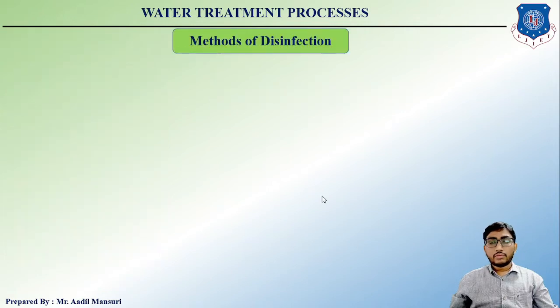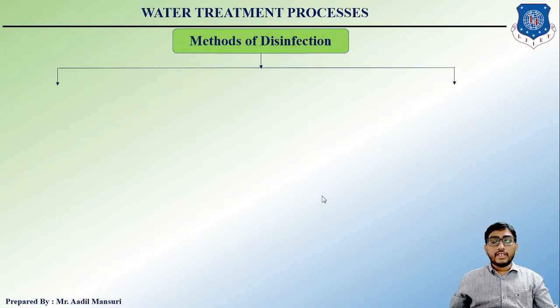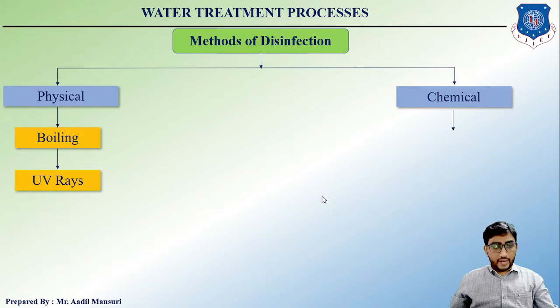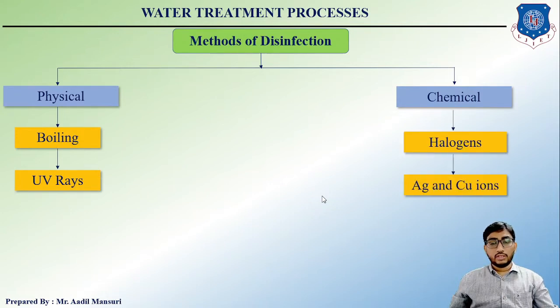Now let us talk about different methods of disinfection. Basically, disinfection is classified into two parts, that is physical and chemical. Physical processes include boiling and UV rays, whereas chemical processes include halogens, and silver and copper ions.